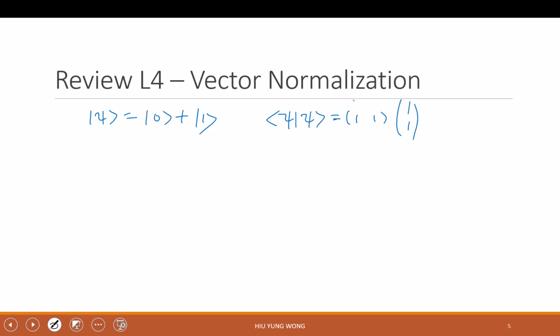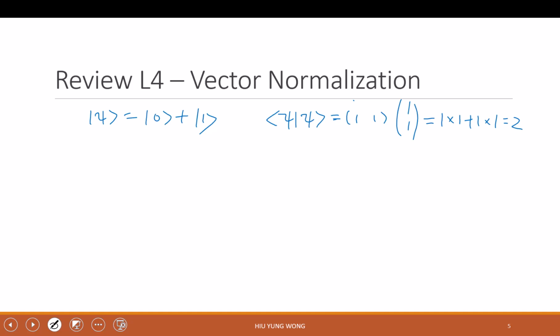Should it be 0, 1 or 1, 1? 1, 1, because it's about the coefficient. I have one part of 0, one part of 1, right? So what is this? 2, thank you. 1 times 1 plus 1 times 1 equals 2. Is this normalized? No, okay?